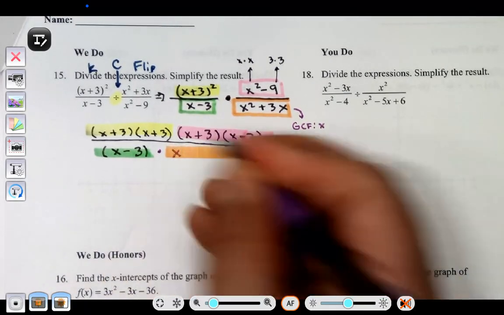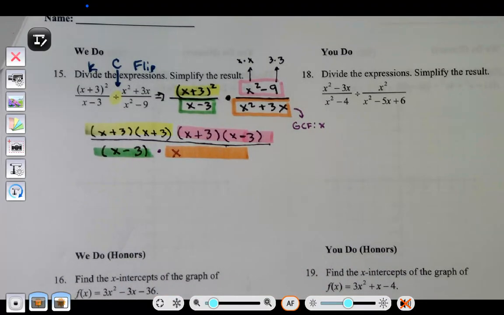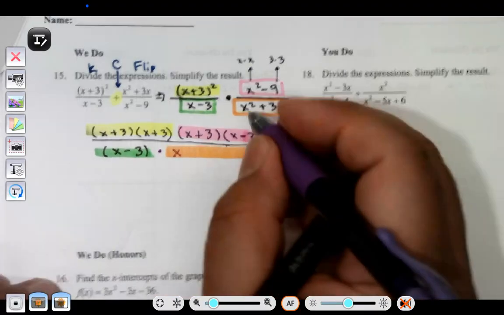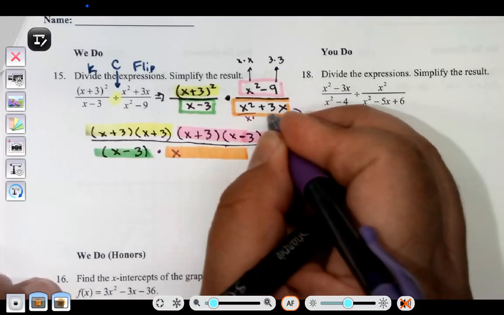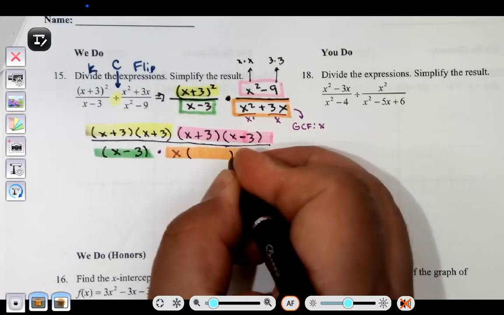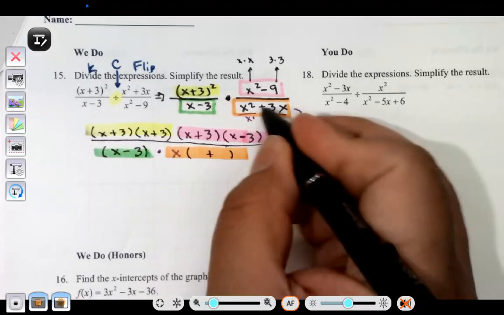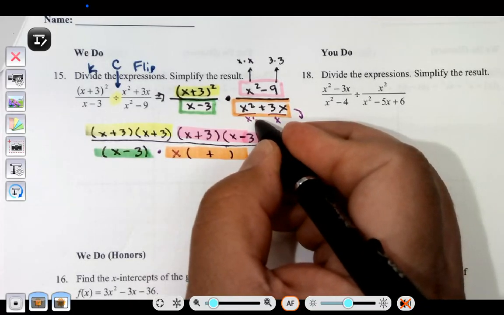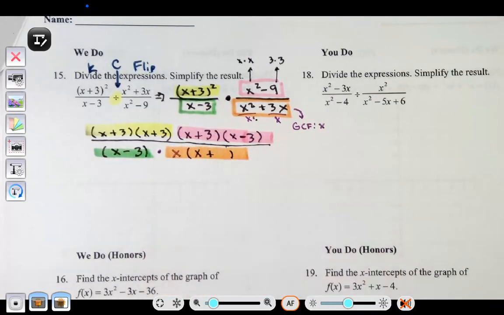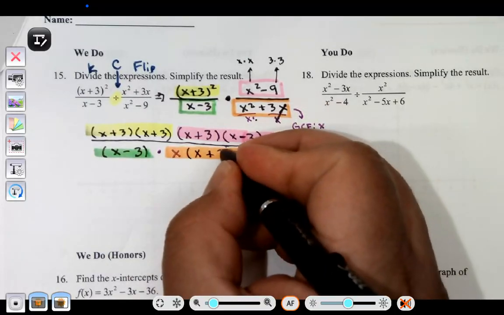It has an x. There's the GCF. I write it down. But now all I'm going to do is divide everybody by that x. So when I look at this one, here's my parentheses. There's a plus sign. I should have a plus sign. 2 minus 1 is 1. So I'm only left with 1x. The x's here go away, leaving me with a 3.